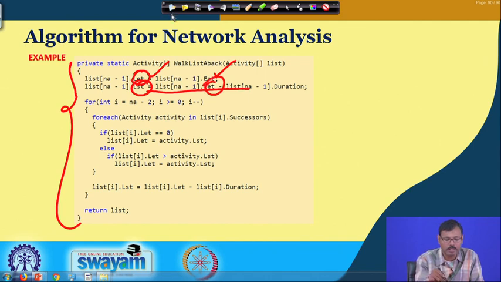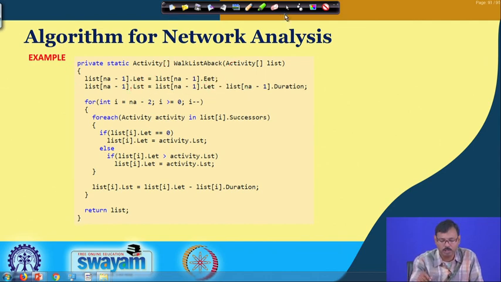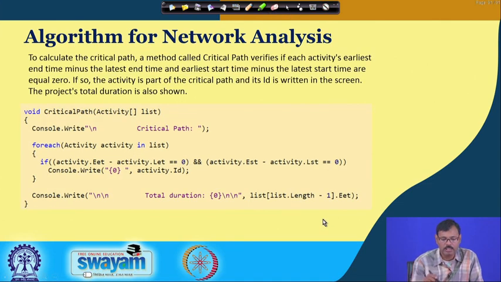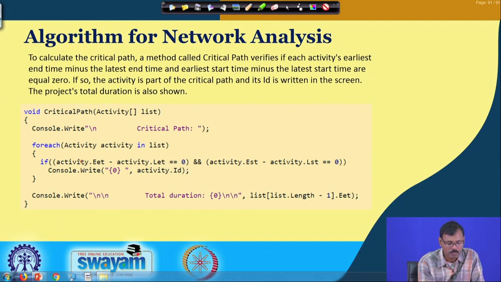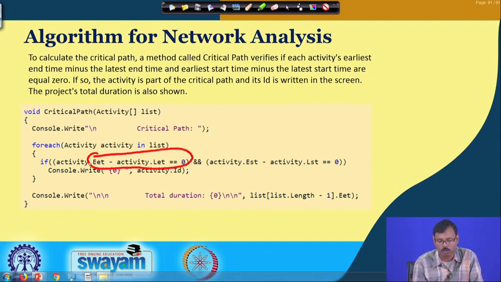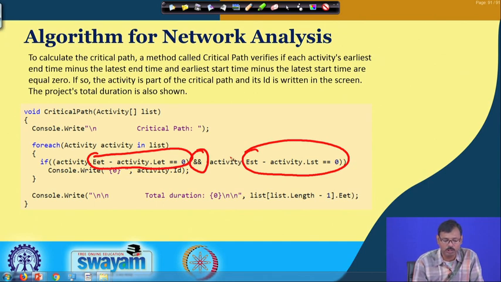Finally, the critical path is calculated with the consideration that early ending time minus late ending time must be equal to 0, and early start time minus late start time must be equal to 0, and that activity and its duration have to be memorized.